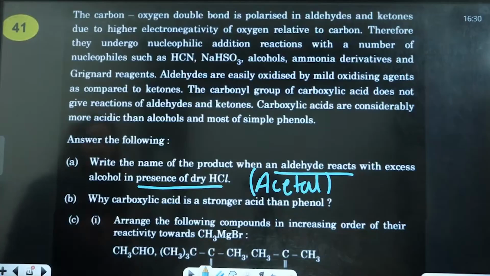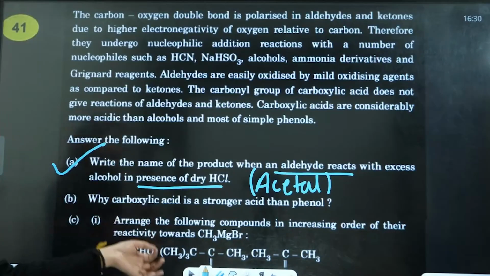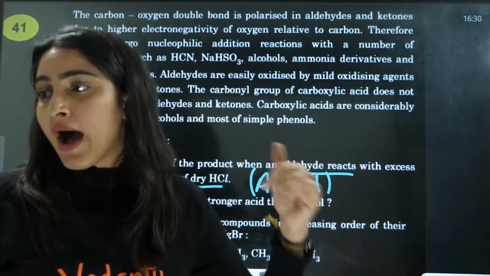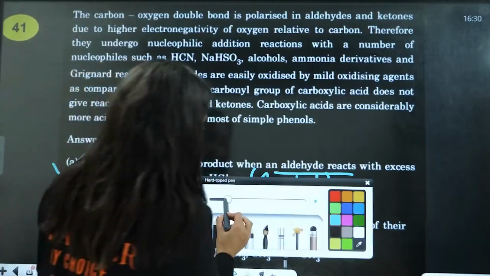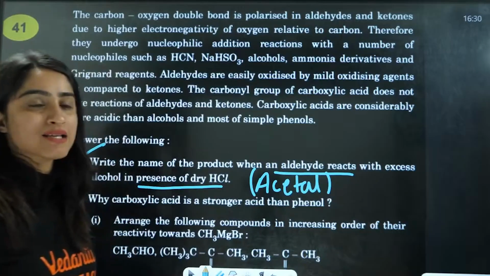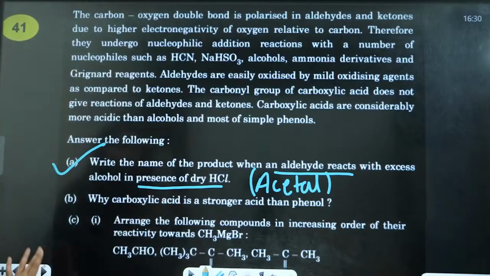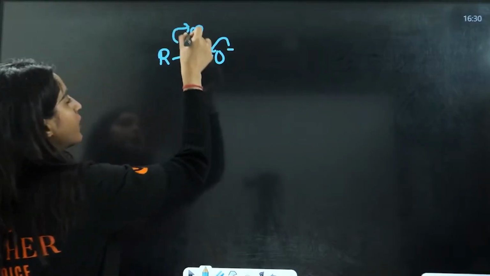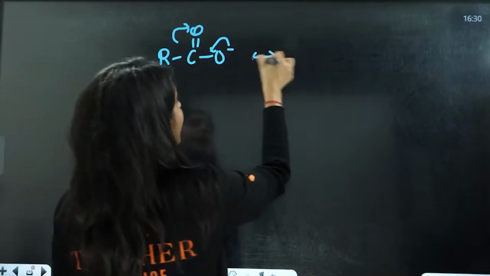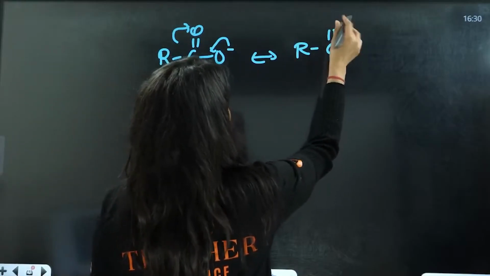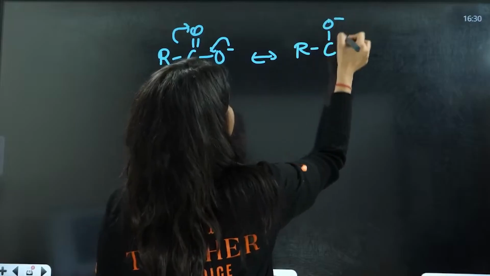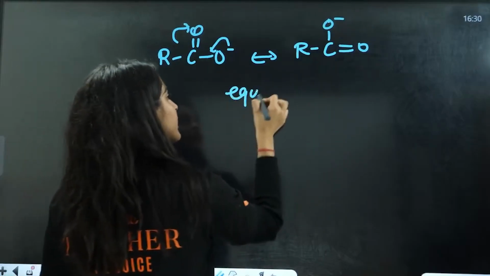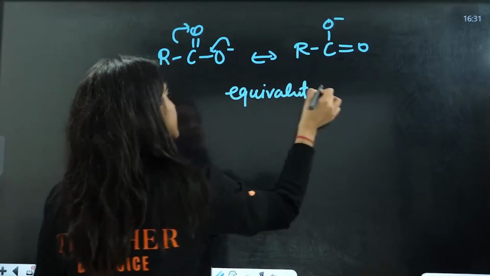Next question here is: why is carboxylic acid stronger than phenol? Because in carboxylic acid, you see R C double bond O negative, it has equivalent resonating structures.